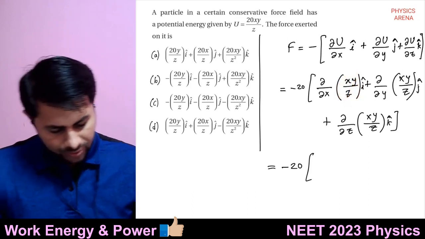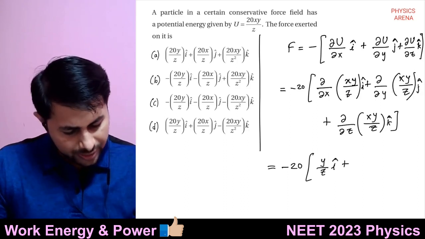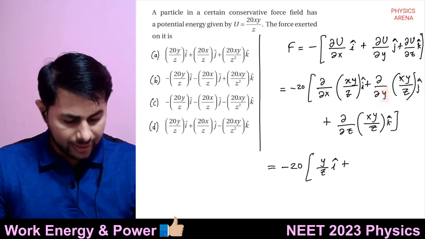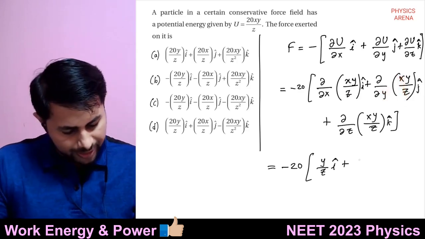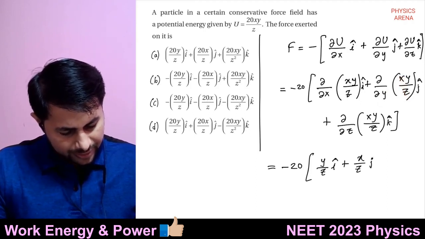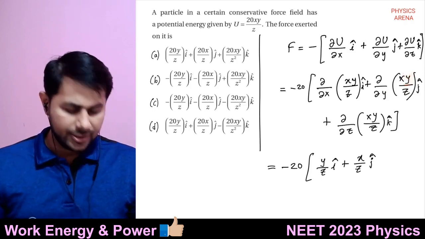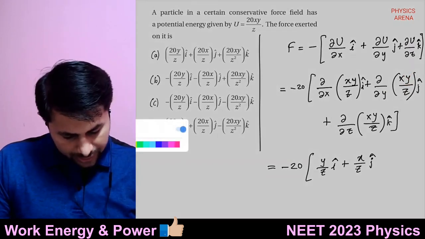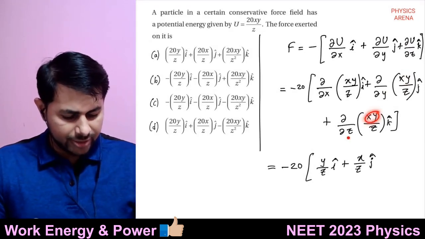So it is y upon z times i cap, plus when you take partial derivative with respect to y, you will treat x and z as constants. So take x upon z out, multiplied by j cap, because derivative of y with respect to y is 1.